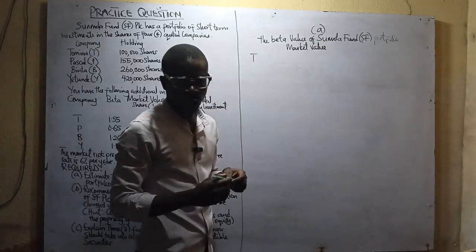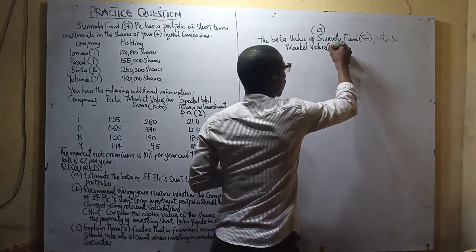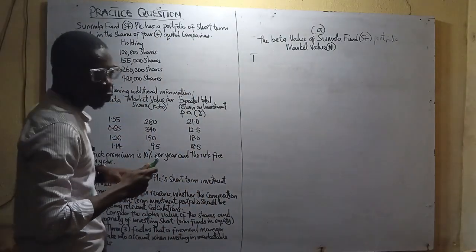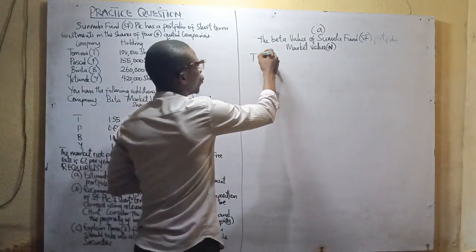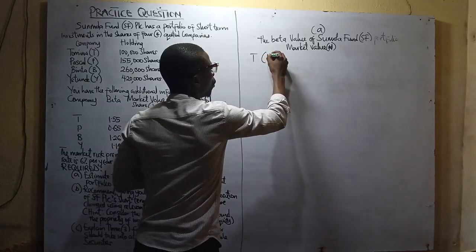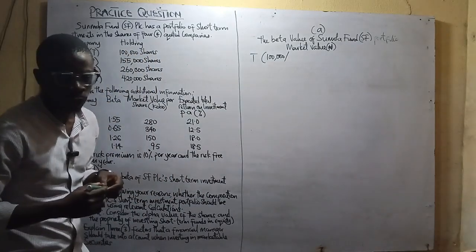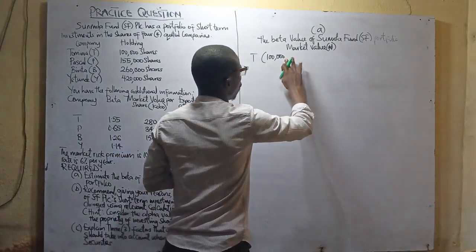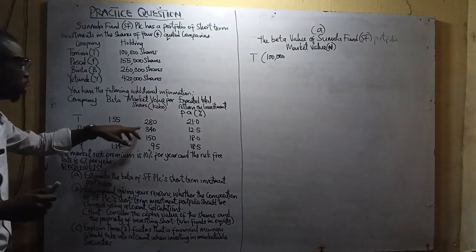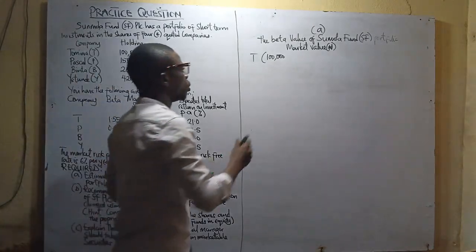Don't forget that the market value will be in naira, but the market value given to us in the question is in kobo. So how are we going to calculate that? T has 100,000 shares, and the market value per share is 280 kobo.